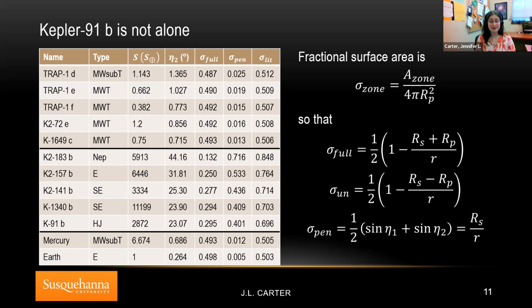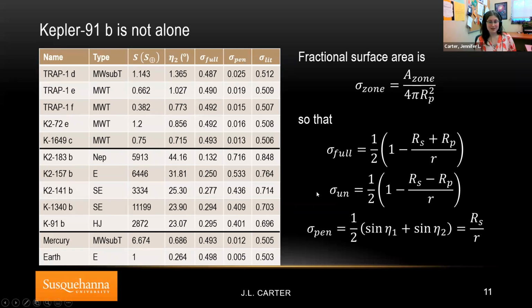Anyway, the penumbral zone for this planet is a whopping 71.6% of its fractional surface area, for a total area that's at least partially lit of 84.8% of its surface area. Here at number 5, we have the hot Jupiter, Kepler-91b, and we see that it is nearly 70% fractionally partially lit. I also included Mercury and Earth for reference.